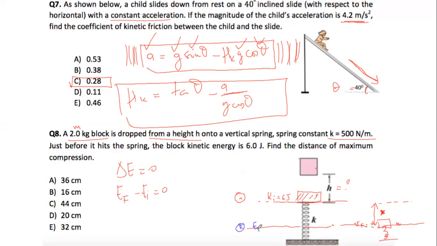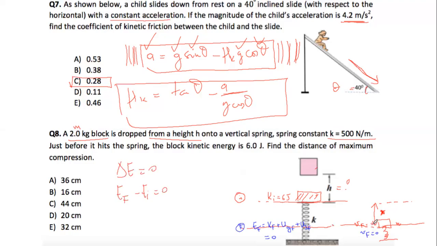E final will be equal to kinetic energy final plus UG final, the gravitational potential energy final, plus US final. The kinetic energy final is 0, because at maximum compression V final is 0. The block will stop momentarily.